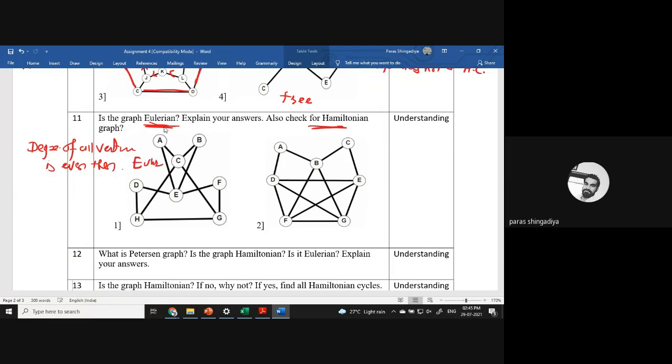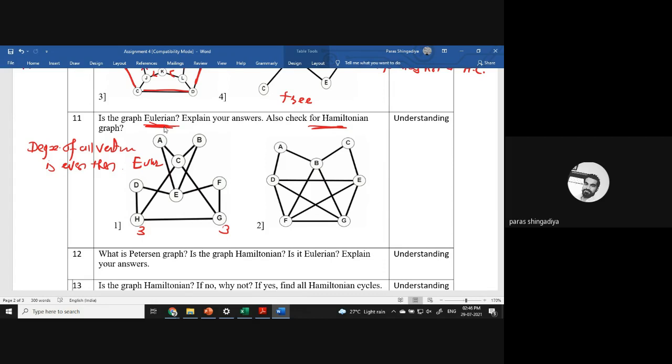Degree of all the vertices agar even hai, so you can easily create such a closed walk where we can include every edge exactly one time. Here it is not possible, because the degree of H and G is 3. Okay, this is an odd degree. So therefore, अगर आप find भी करोगे, then it is not possible.